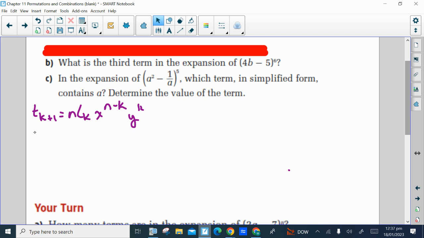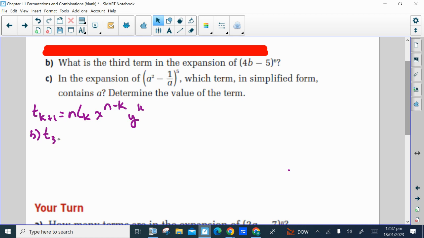So for question B, we need to find the third term, which means that k would have to be 2. We said that k is always 1 less than the term number. And again, it comes from this T sub k plus 1. If you want to find term 3, then you need to let k equal 2. The 2 plus 1 will equal 3.